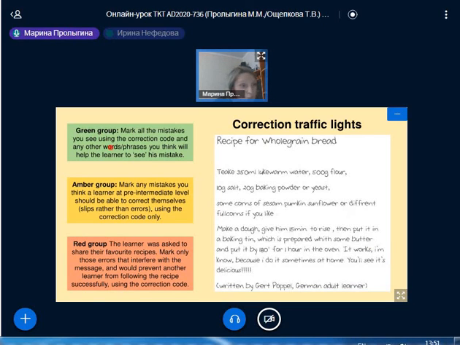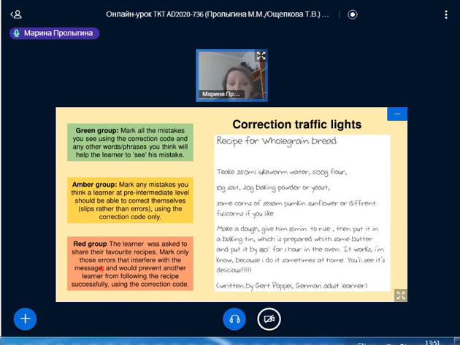So 2 people will be in the green group, and you should mark all the mistakes you see using the correction code, and maybe any other words or phrases you think will help the learner to see his mistakes. Then, the amber group. You should mark any mistakes you think a learner at pre-intermediate level should be able to correct themselves, like slips rather than errors. And you should also use the correction code.